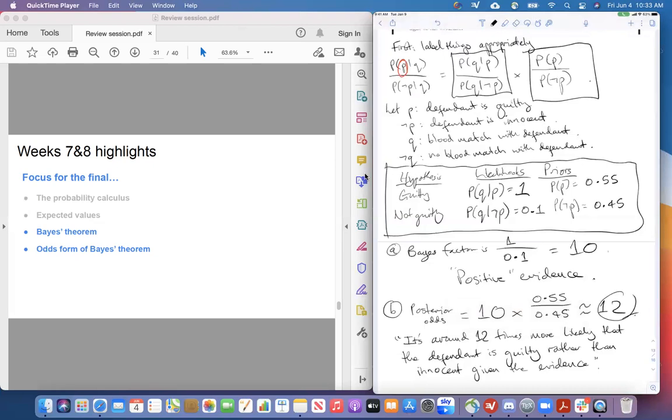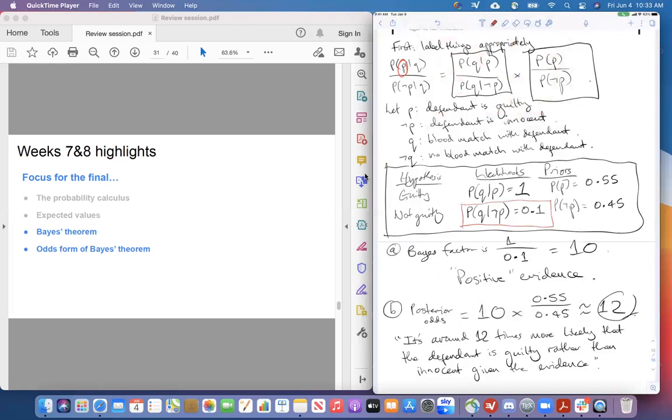Yeah. You mentioned that the probability of not guilty is equal to the probability that's found in the blood. I'm not sure, why is that? So this probability was the thing that's 0.1. So this is the probability of a match given that they're innocent.